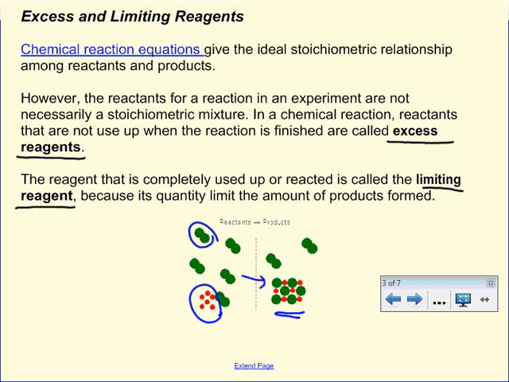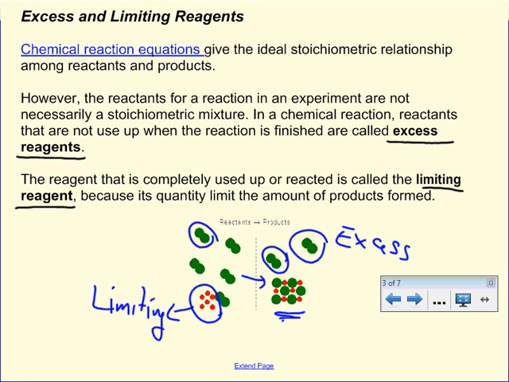I make my product here, but now I have some excess of my green diatomic molecule. So the red one here is limiting, and my green one is in excess. That's because they've reacted, the reaction's done, and I still have some of the green ones left over.